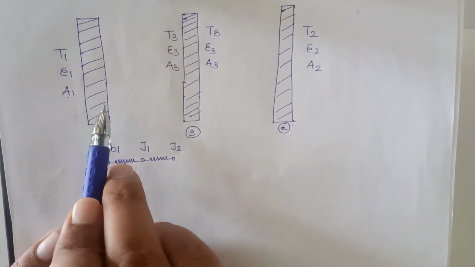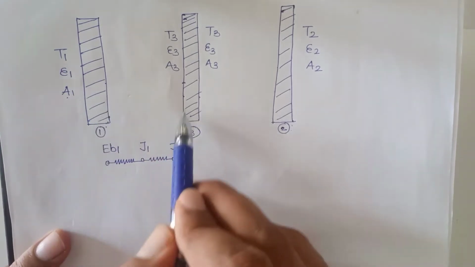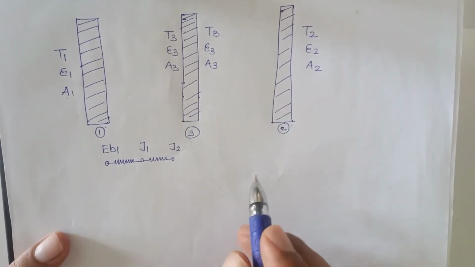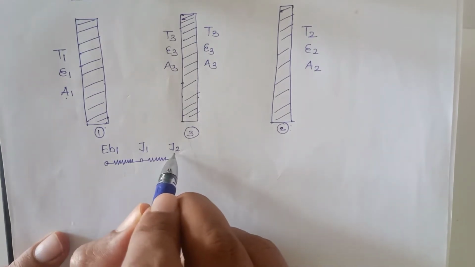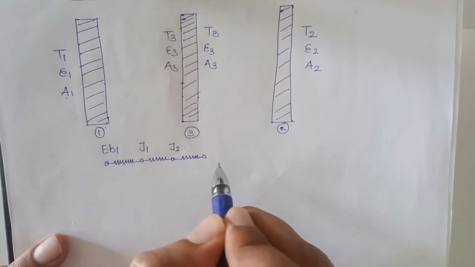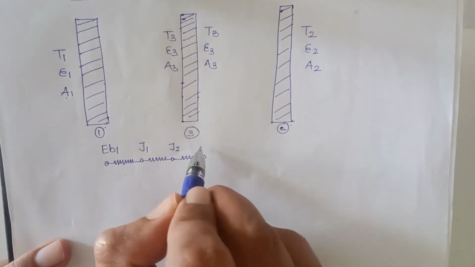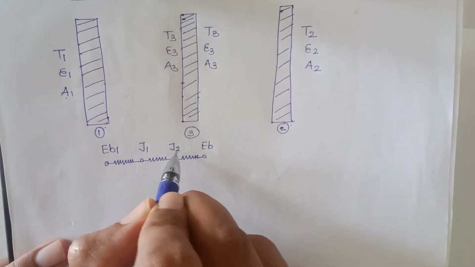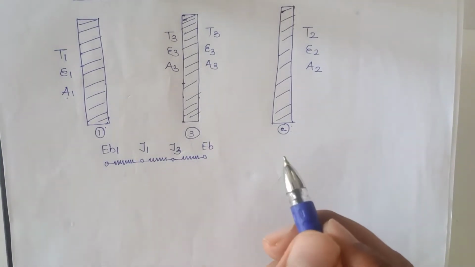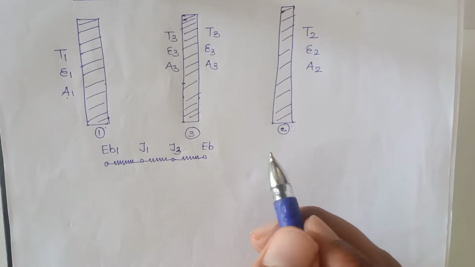Please don't worry that the lengths do not match here. We are going in sequence so that we do not miss any single parameter. So radiosity of the second surface, and then there will be some surface resistance, and then black body emissive power. My mistake, this will not be radiosity of second surface, this will be radiosity of the third surface.